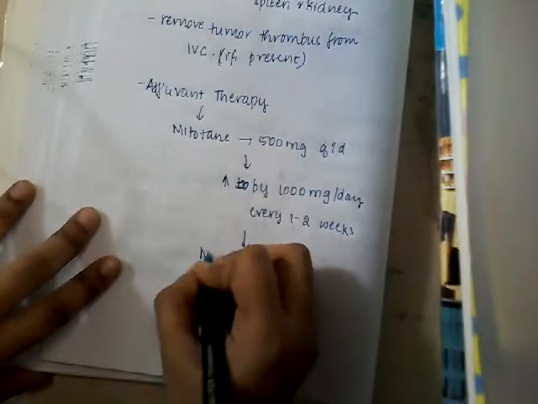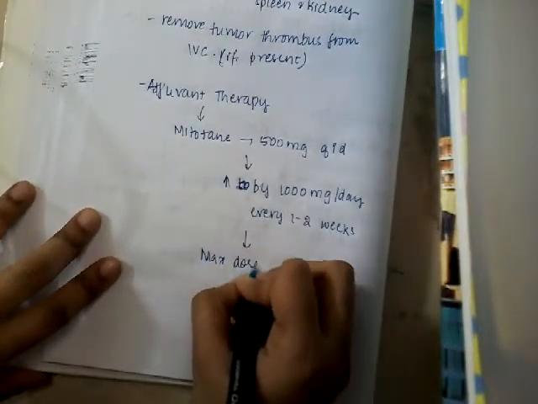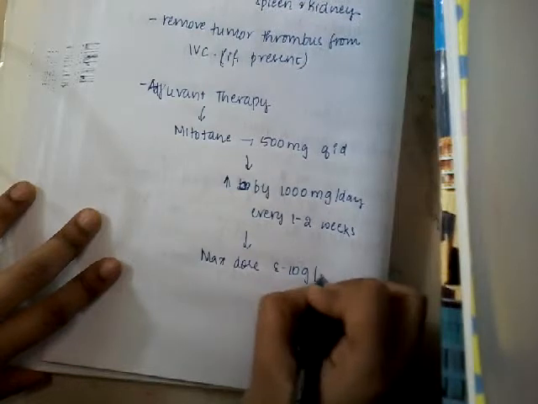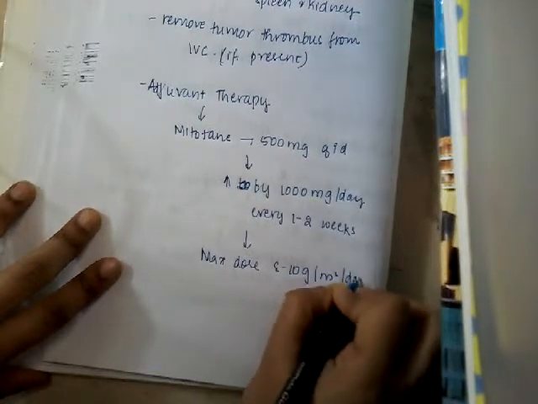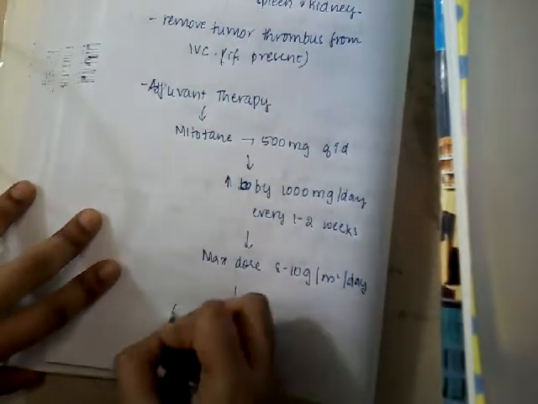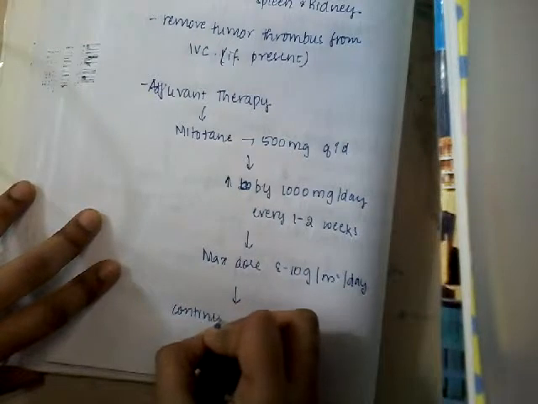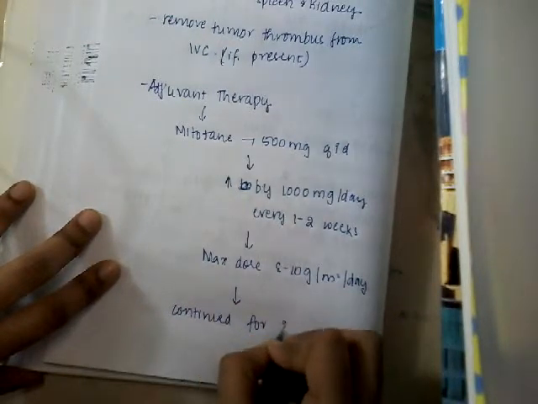The maximum dose is 8 to 10 gram per meter square per day. And this is continued for 2 years.